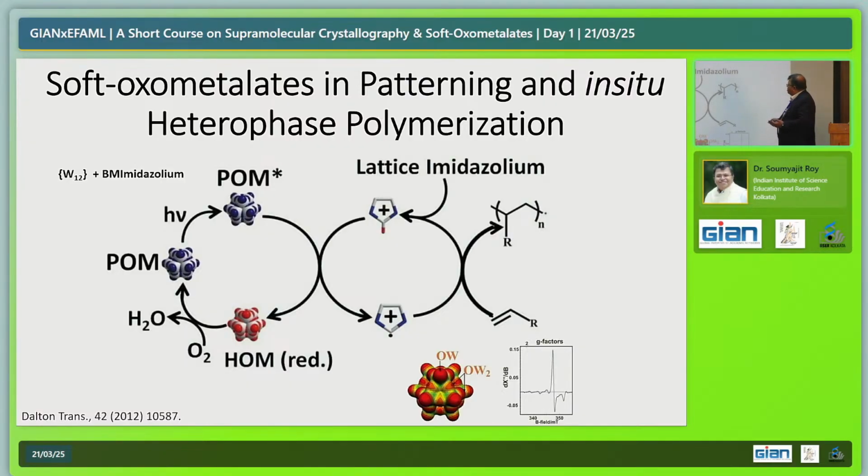Butyl methyl imidazolium has these hydrogen atoms over there, so that can be transferred. So it's like a hydrogen atom transfer. When you have this transfer, you create an imidazolium cation radical. Now once you have this imidazolium cation radical, the oxometallate is being reduced.